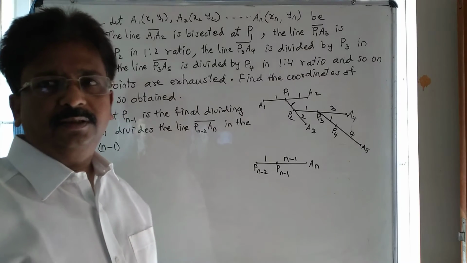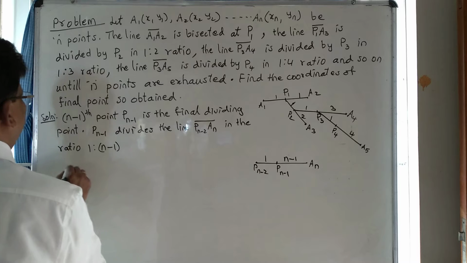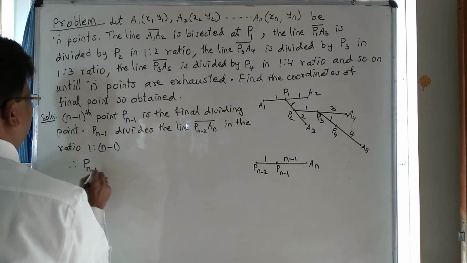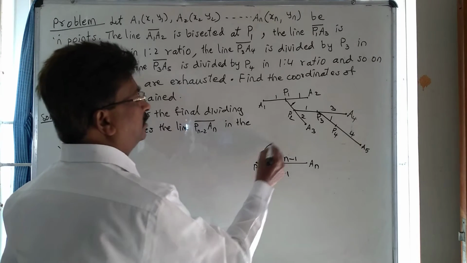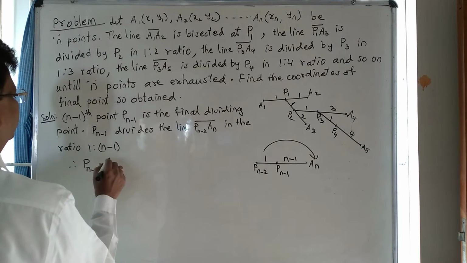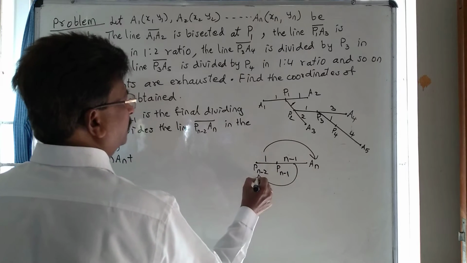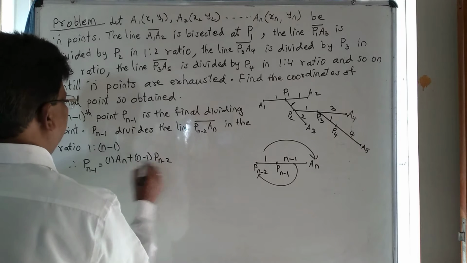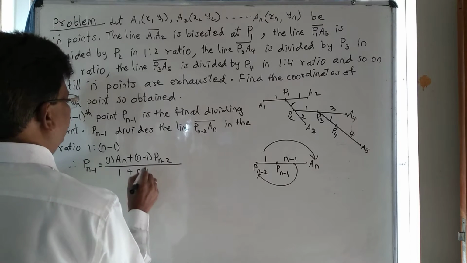Okay. So now you can write Pn. So Pn minus 1 is equal to, how to write the coordinates? 1 into An plus n minus 1 into Pn minus 2, by 1 plus n minus 1.